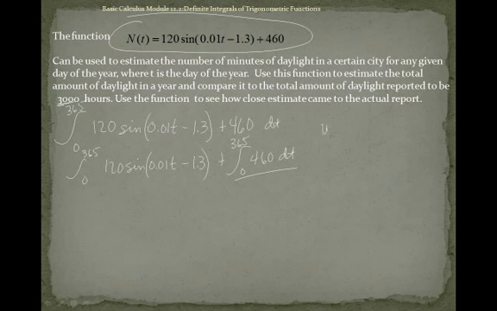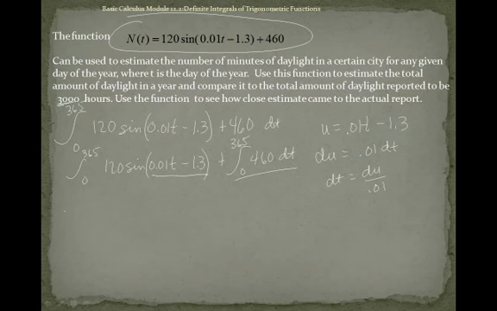Let's let u be the inside of the function for sine. So let's let that be equal to 0.01t minus 1.3. And let's let the derivative of u be equal to 0.01 dt. And then we can get dt by dividing 0.01 on both sides, which will give us du over 0.01.